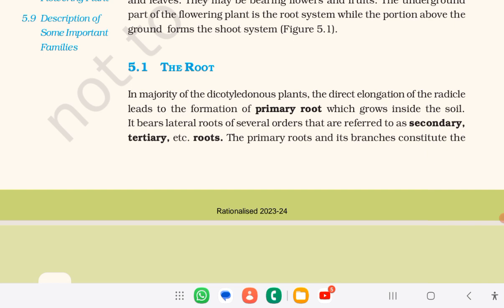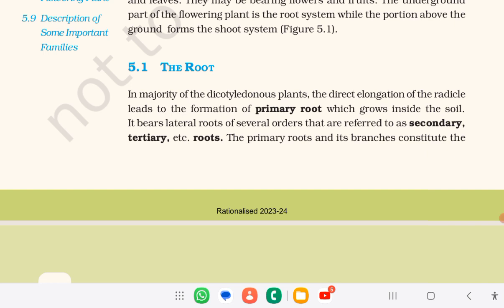5.1 The root. In the majority of the dicotyledonous plants, the direct elongation of the radicle leads to the formation of the primary root, which grows inside the soil.